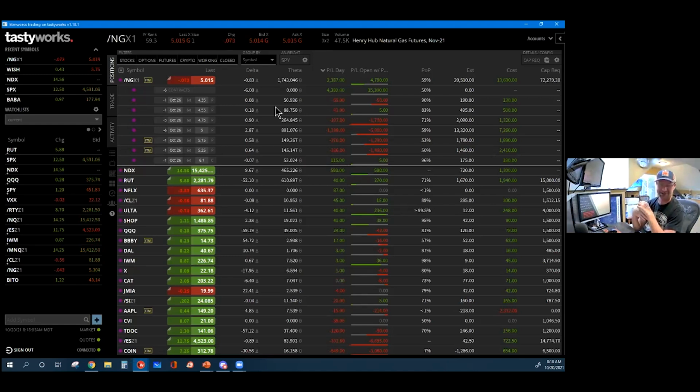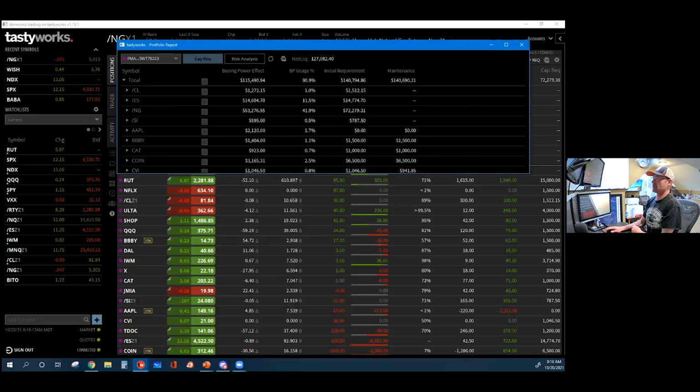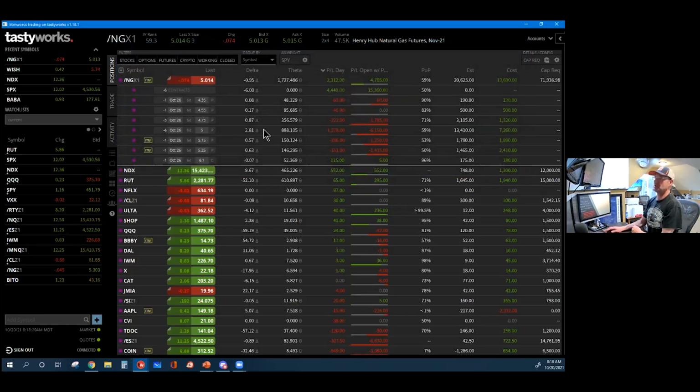I would love to just close it down, because it's always a battle trying to keep you guys out of these trades, and they are inappropriate for us as a group. If you look at this, the cap requirements, what am I at now? About 50 grand, $51,000 on the nat gas position.